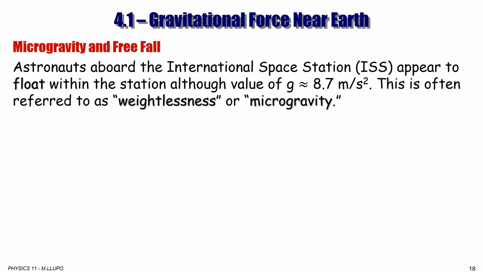Somebody might ask why 8.7 and not 9.8 as we usually use in North America. It's because it's further away from the center of the Earth. So this floating is referred to as weightlessness or microgravity.